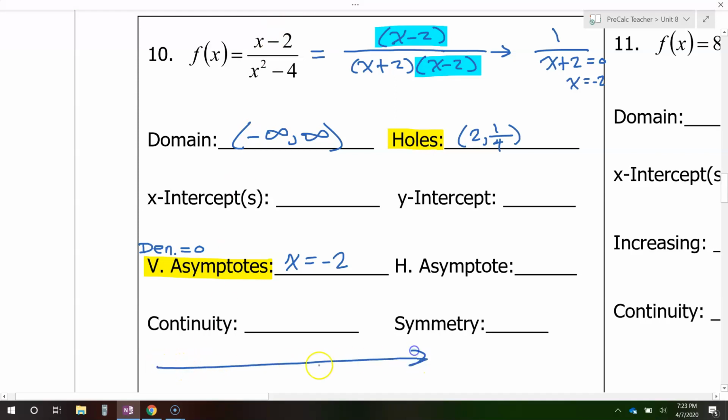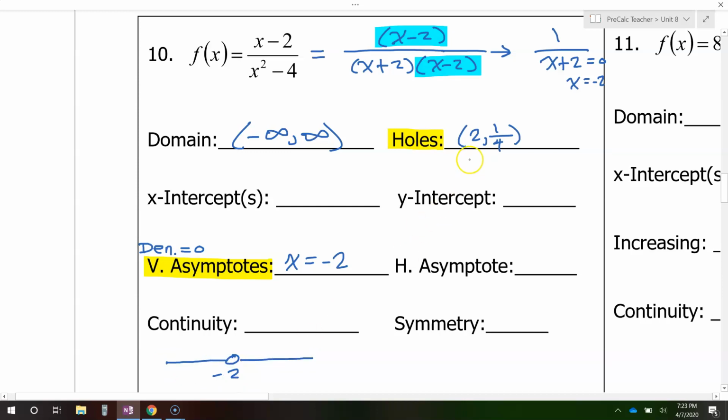So this is what negative infinity to positive infinity looks like. But I don't have an unbroken domain. I have a vertical asymptote at negative 2, so I need to skip over negative 2 for that reason.